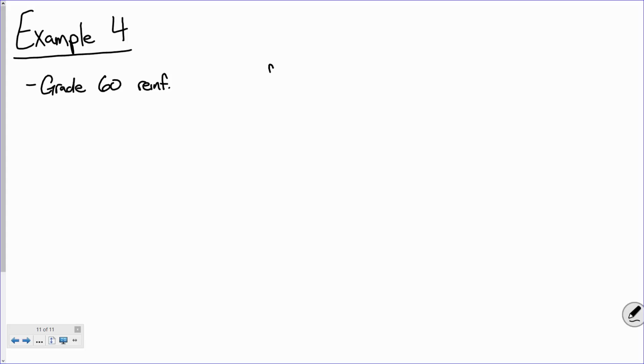It means that Fy, as we said, is 60,000 PSI or 60 KSI. Is that a fair statement? Okay. Now, we have three number 8 bars. What is the area of steel? 3 times 0.79.